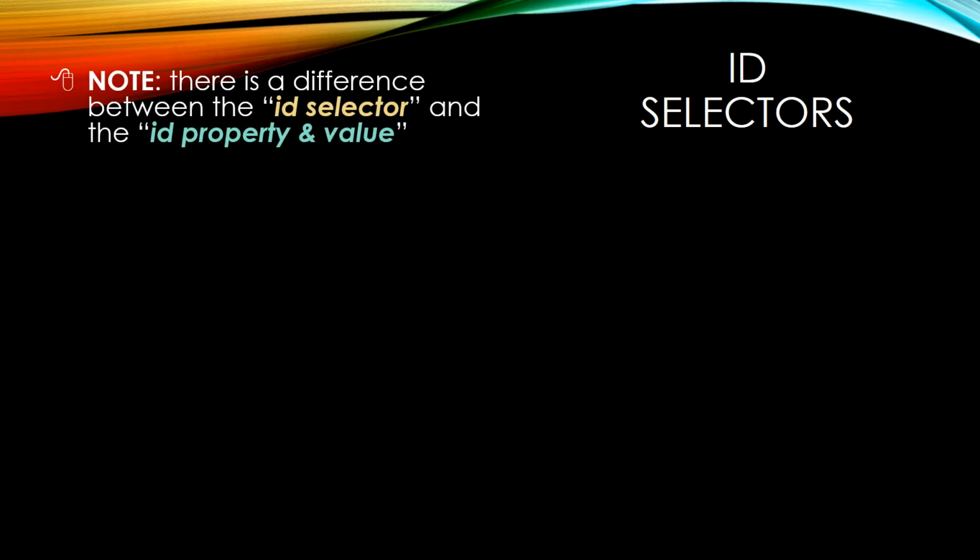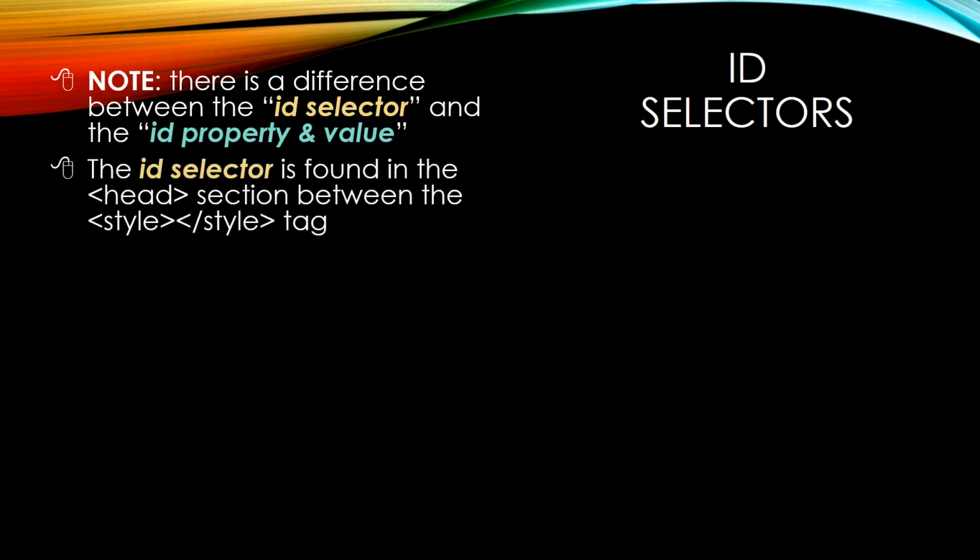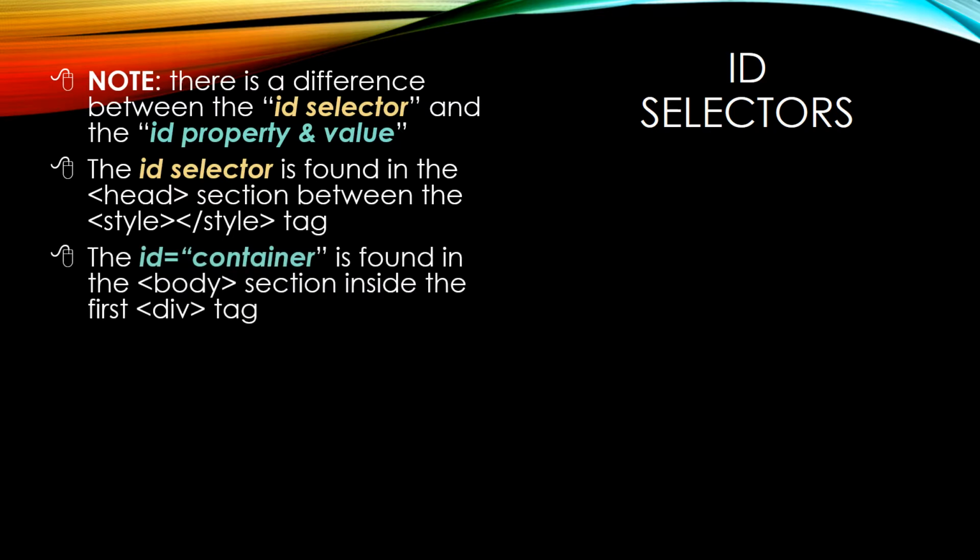Note, there is a difference between the ID selector and the ID property and value. The ID selector is found in the head section between the opening and closing style tags. The ID equals container is found in the body section inside the first div tag.